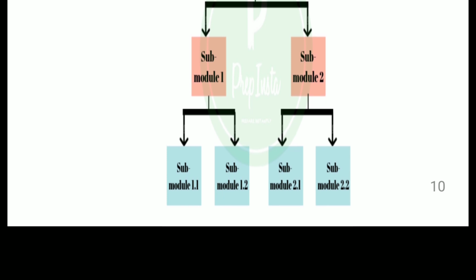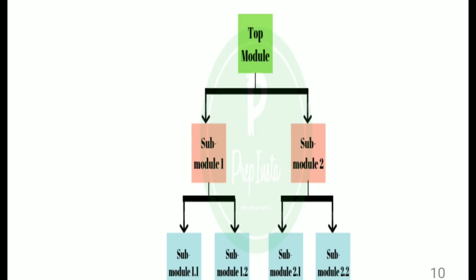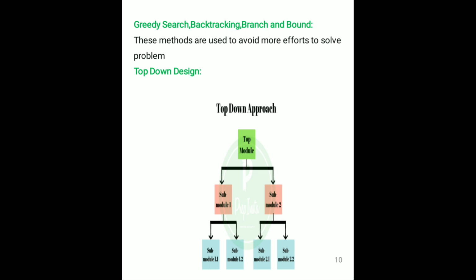And submodule 2 is divided into submodule 2.1 and submodule 2.2. So the outputs of submodule 1.1 and 1.2 are given to submodule 1. Likewise 2.1 and 2.2 are given to module 2. Then module 1 output and module 2 output will be given to the top module, and finally your output will be generated.